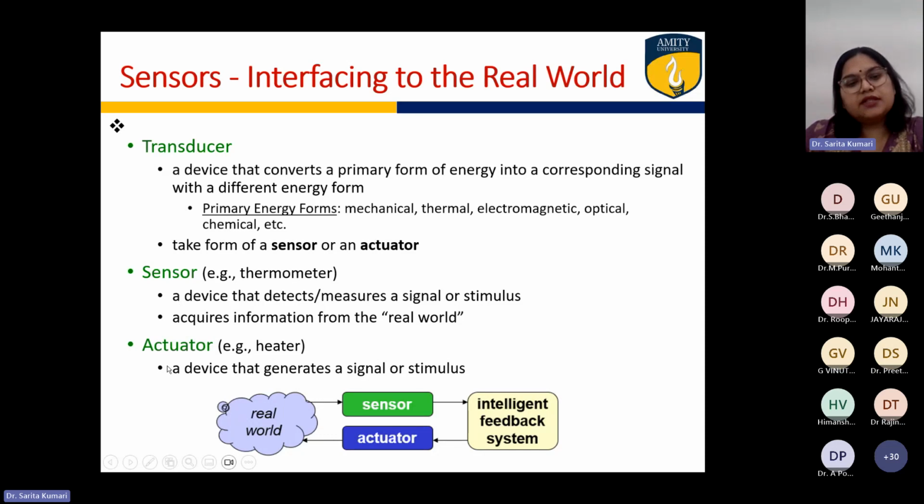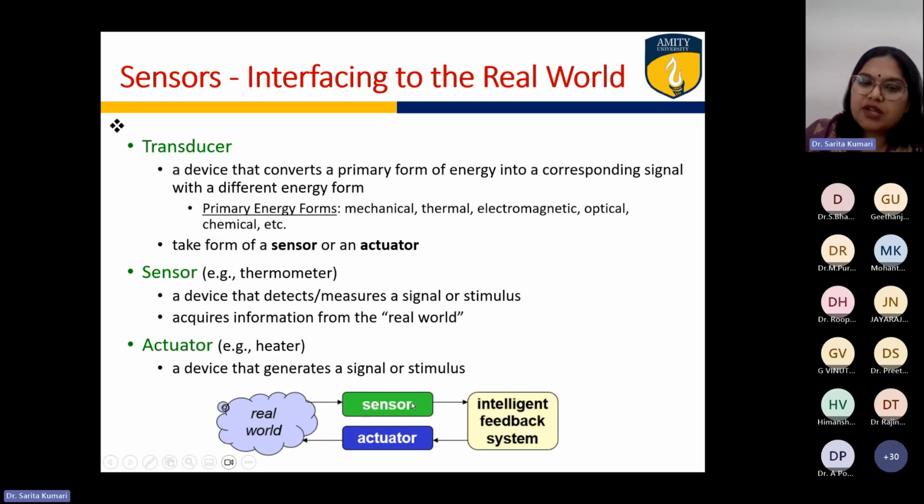This is basically used in process industries, where it is a device that generates a signal or stimulus. You can see the block diagram given here. The sensor will get the input from the real world. This sensor will have a transducer also.